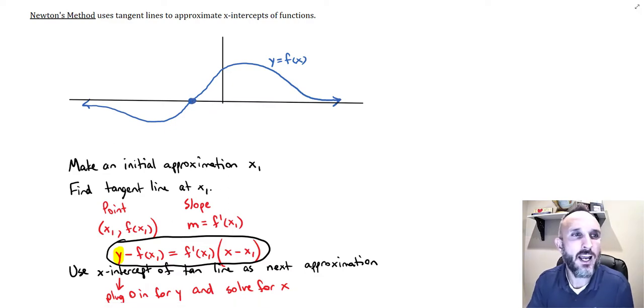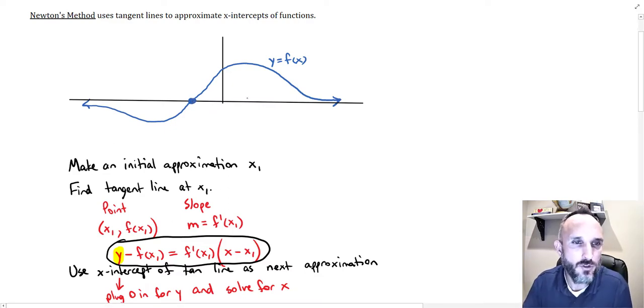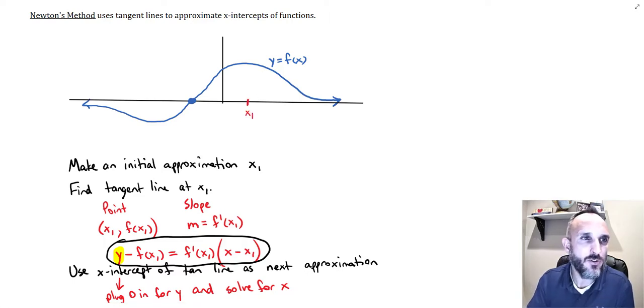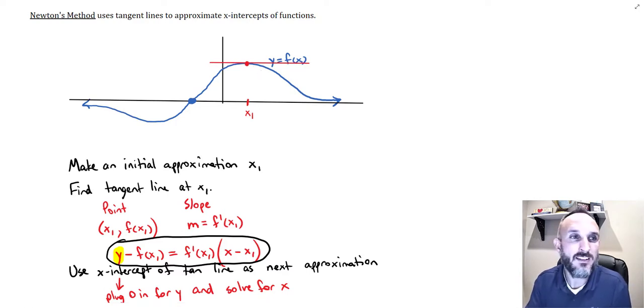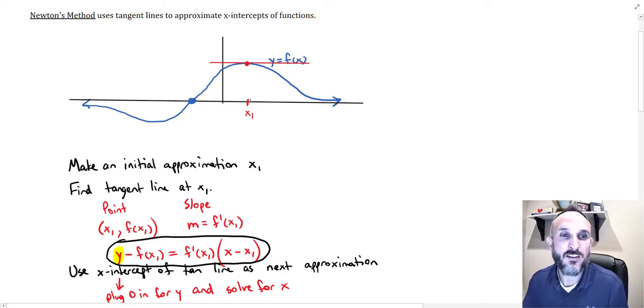So look at what happens if I happen to choose my x1 value right here. If I choose that to be my first choice, and I go look at this point and I try to create my tangent line. Now the intent of me showing you this is I want this to be a horizontal tangent line, which means that, as you can see, I've got my tangent line.